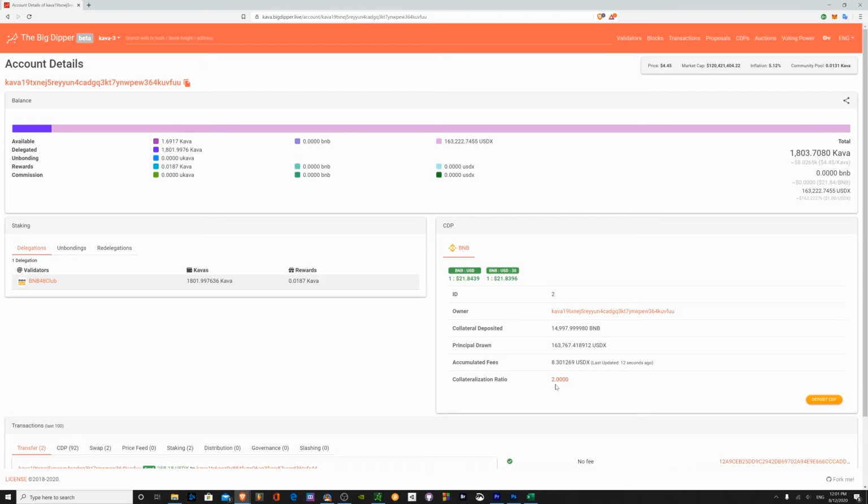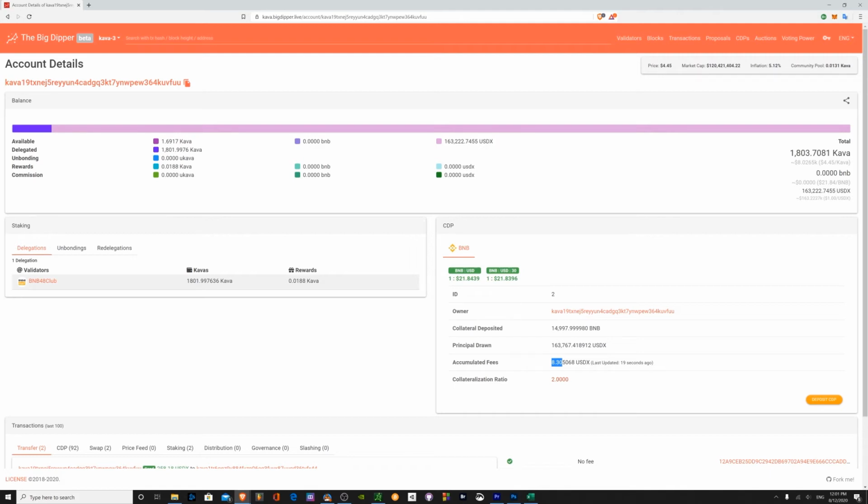It's 2 to 1. So they have about 326,000. I get caught up in this stuff. Anywho, bam, and it looks like the total fees that they've accumulated to this point is $8.03.